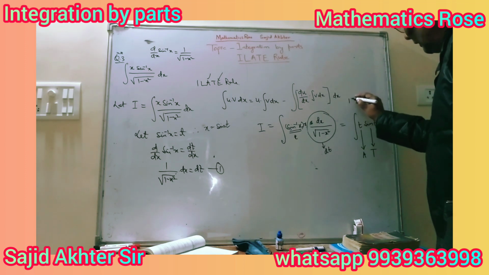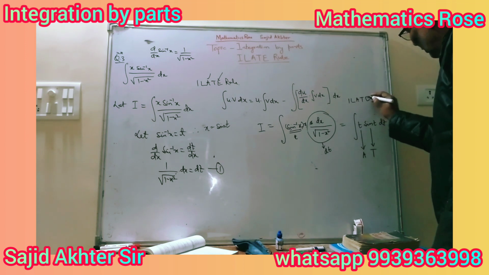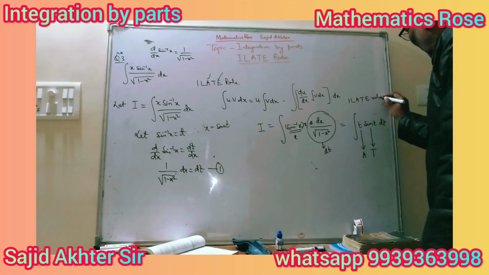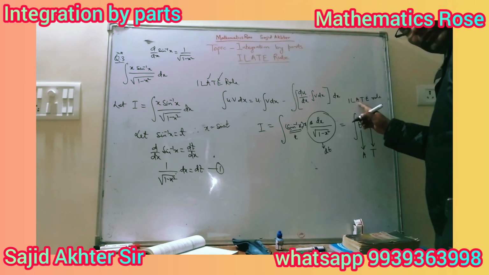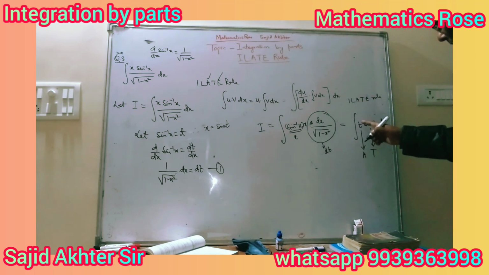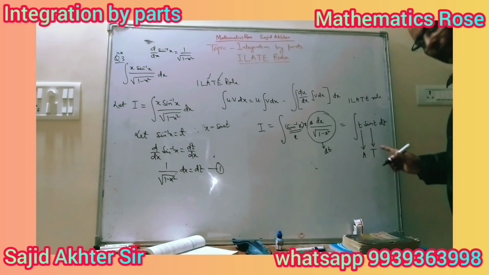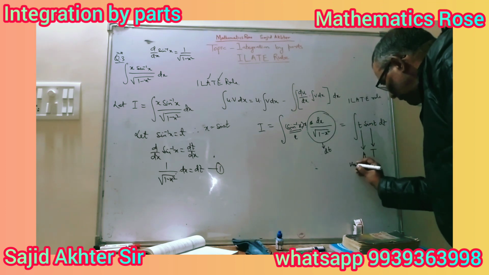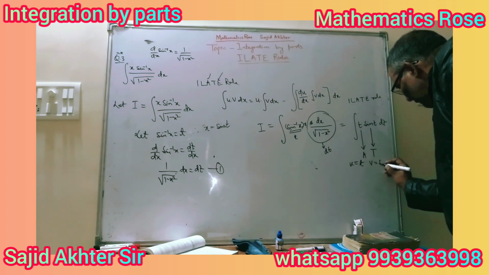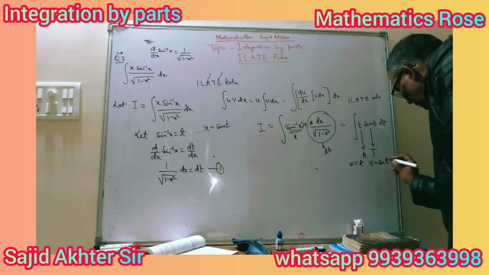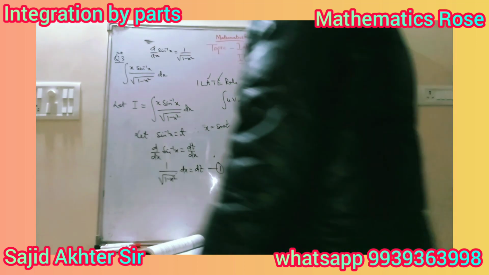Now in the ILATE rule, the algebraic function comes first. So u will be taken as t, and sin t will be taken as the second function, v, and we will integrate here.